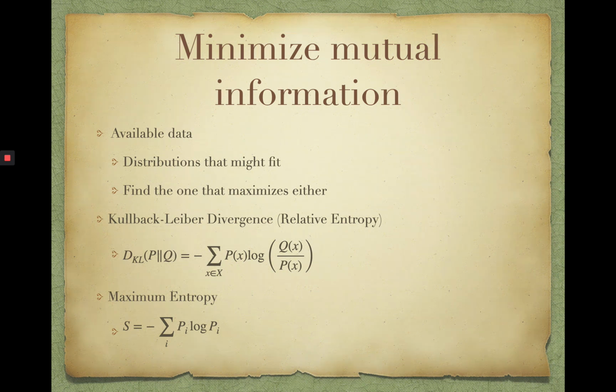So we can do relative entropy, such as the Kullback-Leibler divergence. If you notice, it's got that minus sum of p times log, and then it's got a relative quantity of q and p. So that one's trying to find the relative entropy between p and q.